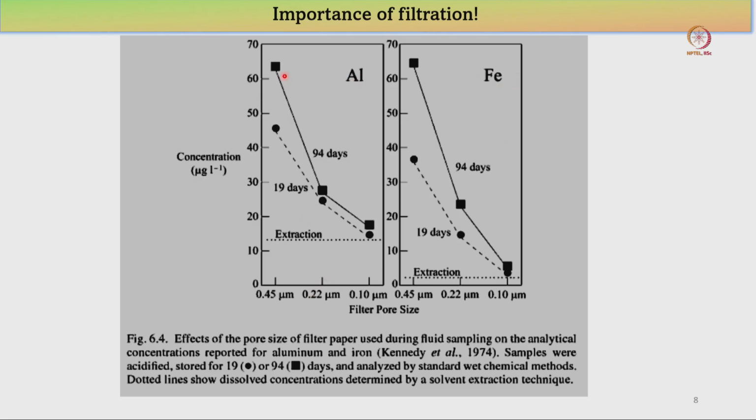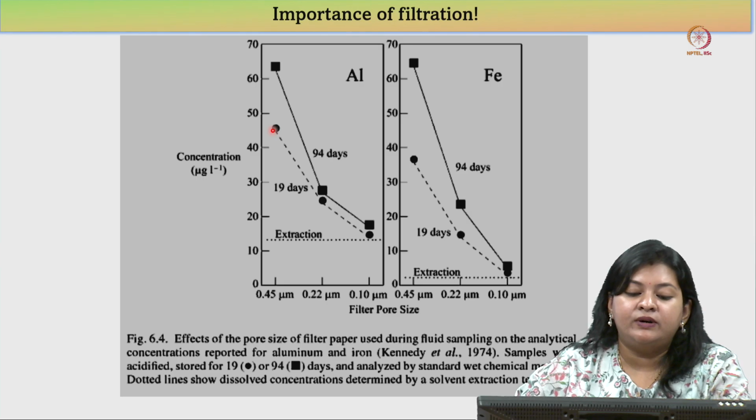There are two curves, and it says here that the first analysis was done after 19 days of sample collection. So, a water sample was collected, it was filtered and analyzed after 19 days.